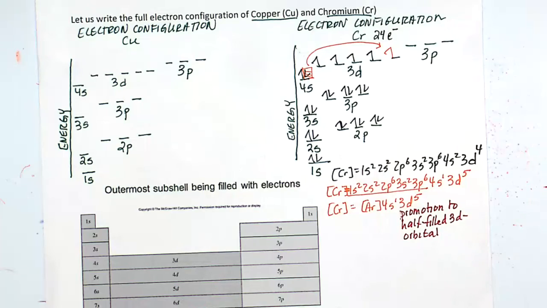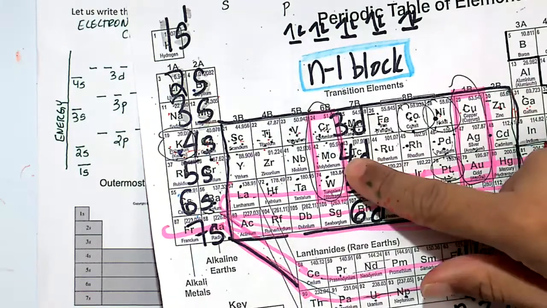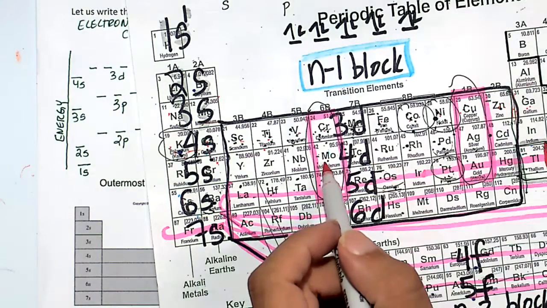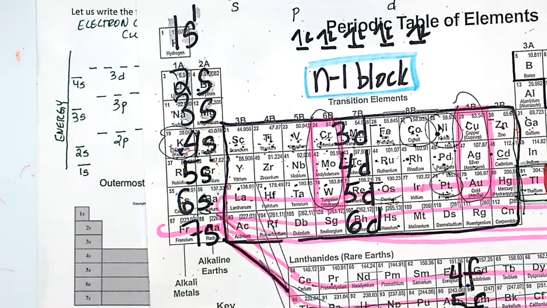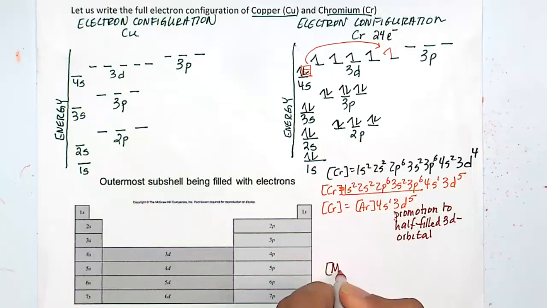So that's chromium. Molybdenum will be also the same. So the electron configuration for molybdenum, anybody want to take a guess?